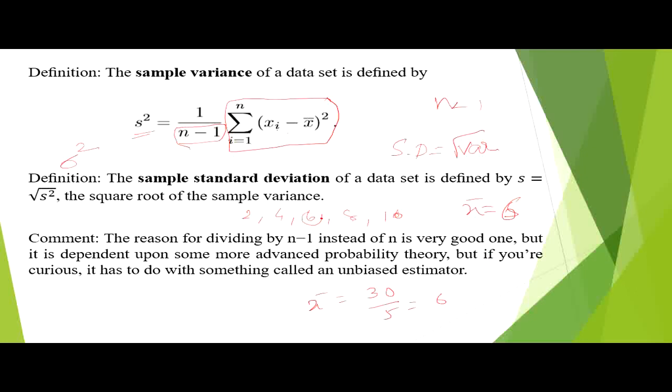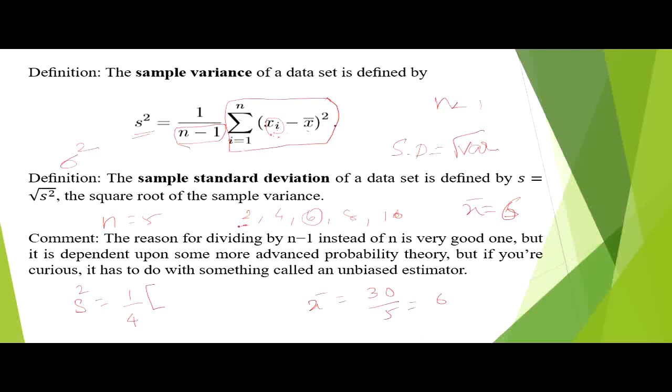Now how do you calculate this S square? It is 1 over n minus 1, where n is 5. There are 5 elements, and i varies from 1 to n: x1, x2, x3, x4, x5. X bar is given here.